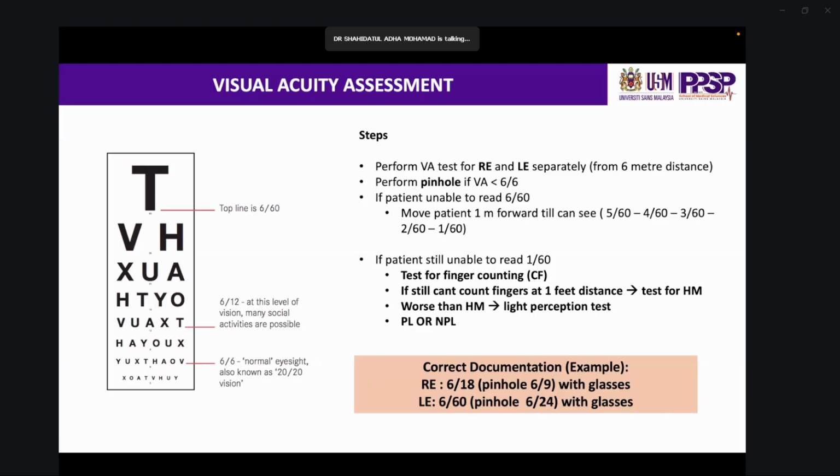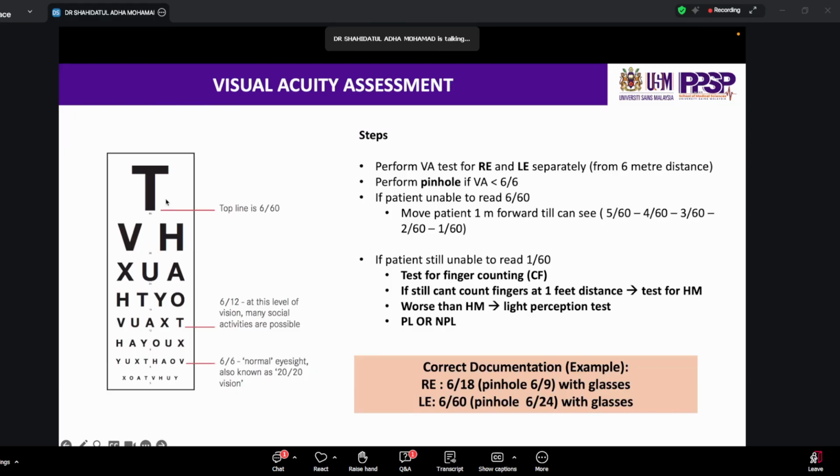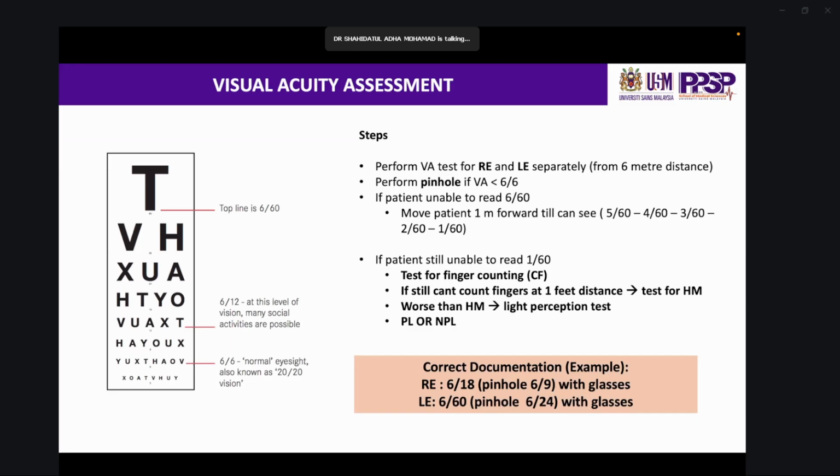Perform pinhole if the vision is worse than 6/6. If the patient is unable to read 6/60, which means the topmost letter at 6 meter distance, you have to move the patient 1 meter forward till the patient can see. So the vision will be 5/60, 4/60, 3/60, 2/60, and 1/60.